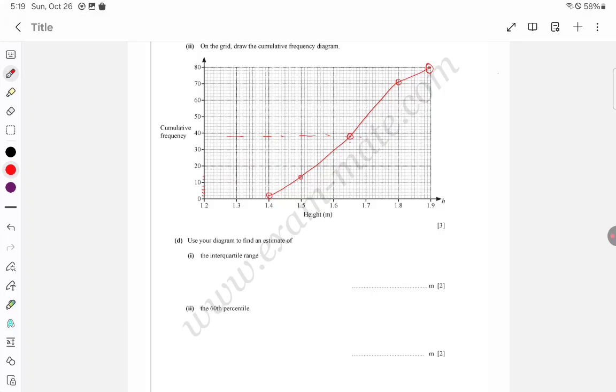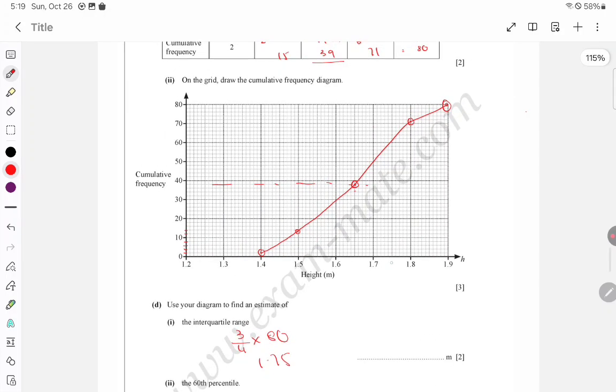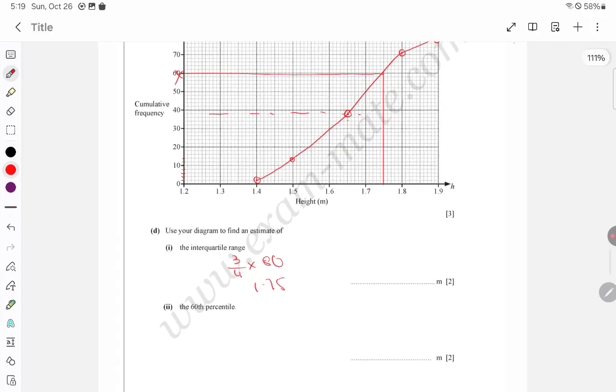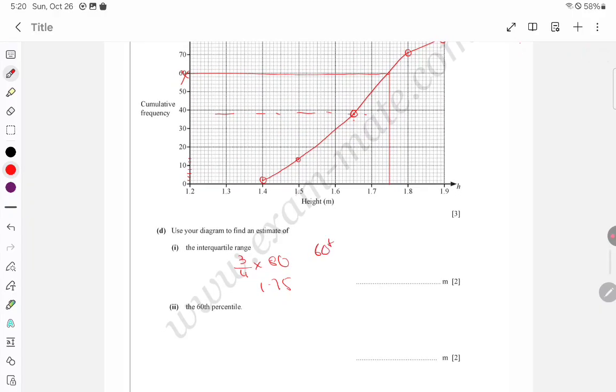For the upper quartile, we multiply the total by 3 over 4 and it will give you the 60th value, which is 1.75.